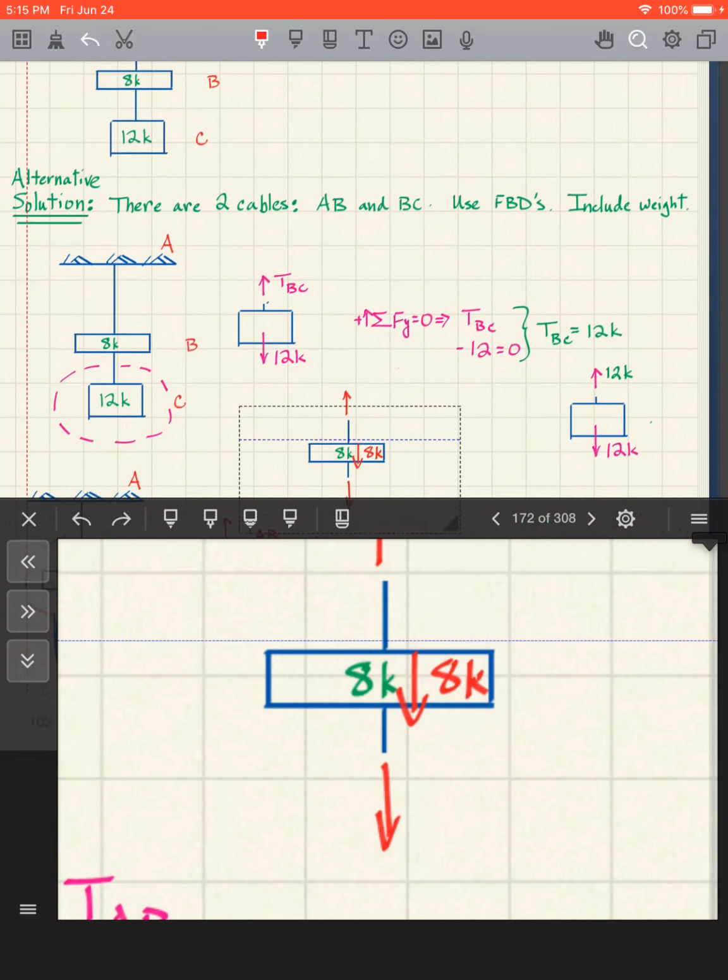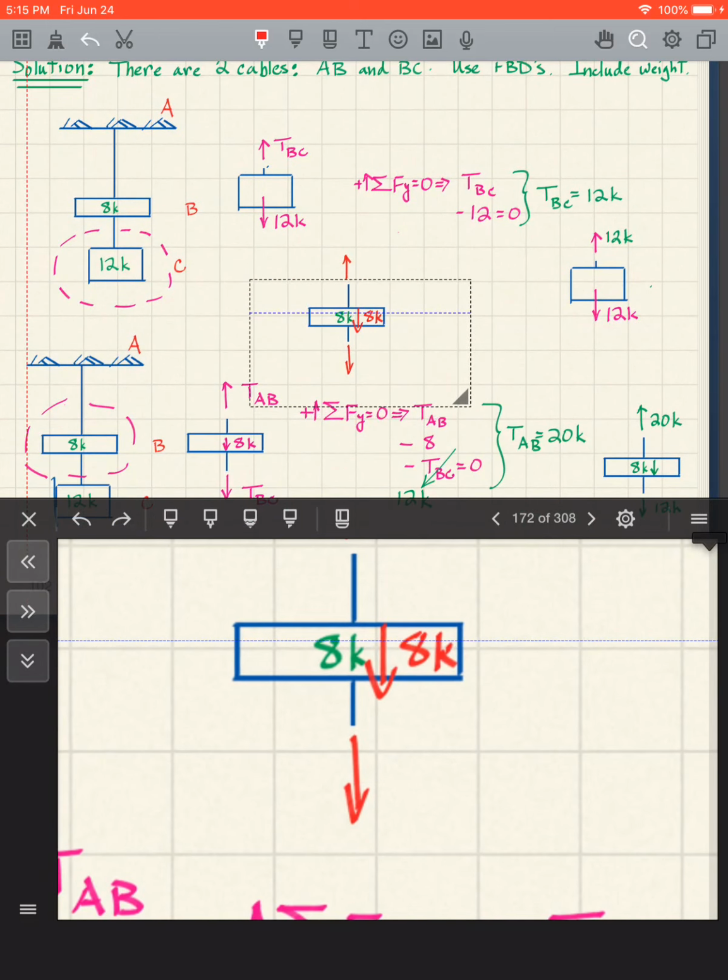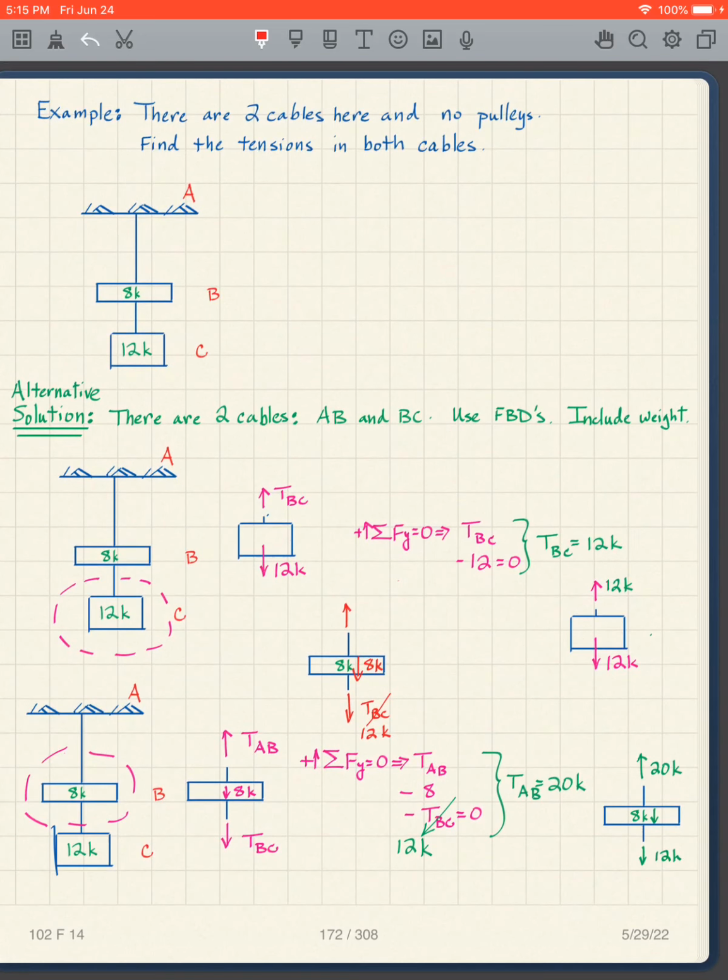I can either write it as TBC, or I could just say that's 12 kips, because I've already determined what it is. However we want to show it, that is illustrated right here.